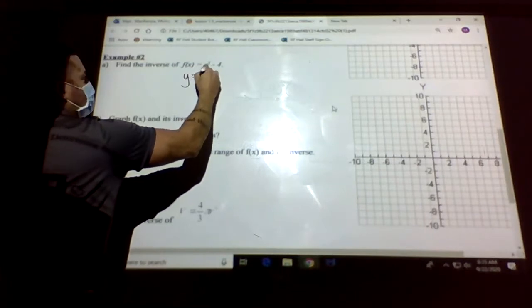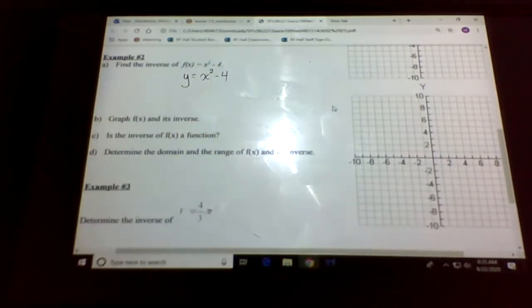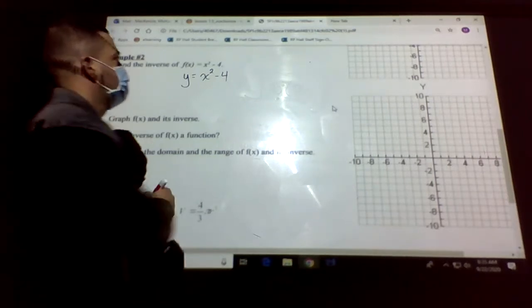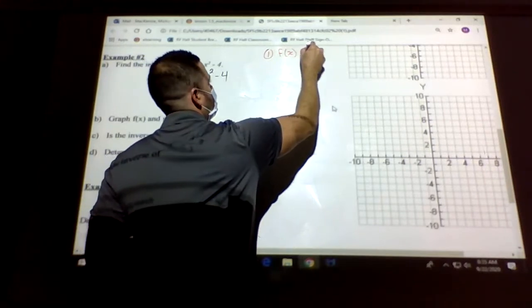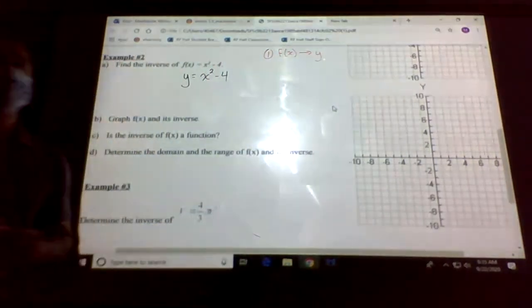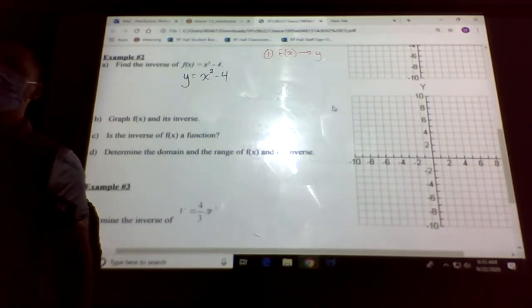So y equals x squared minus 4. So that's step one. So we're gonna change f and x to a y.